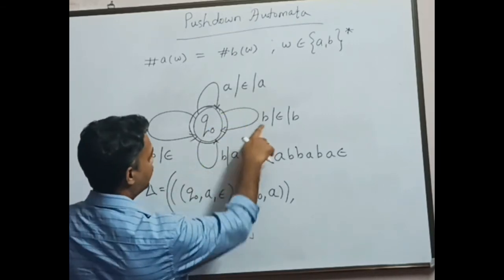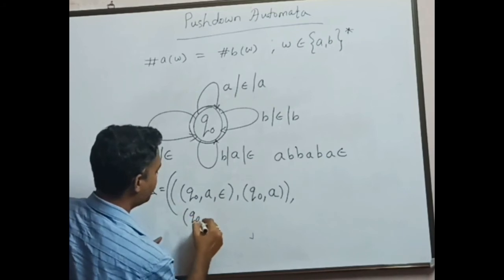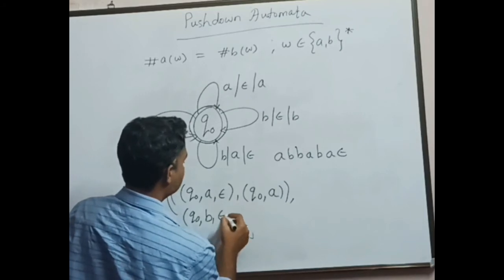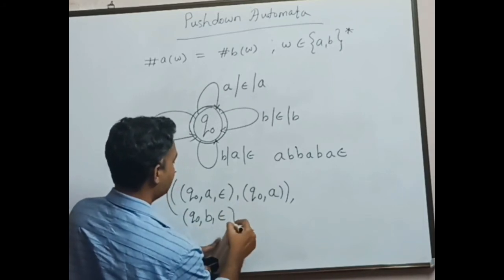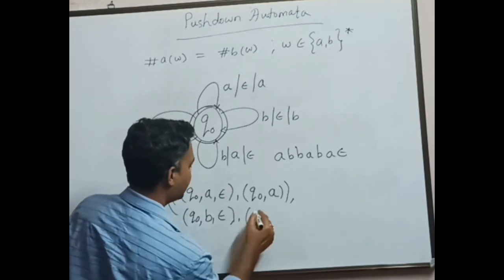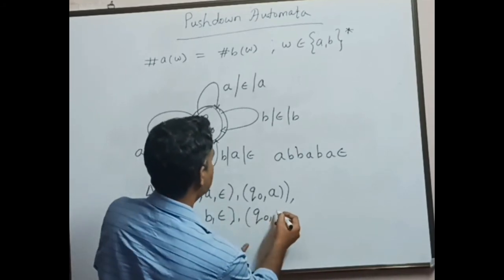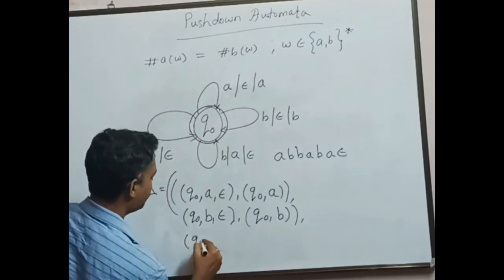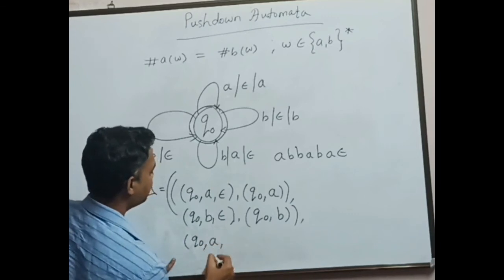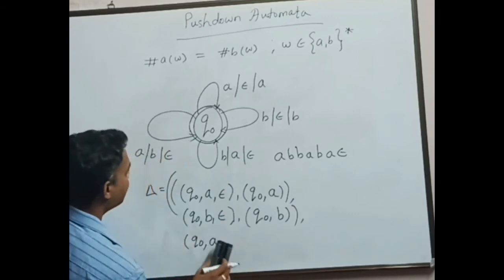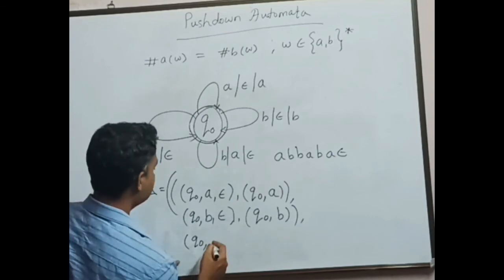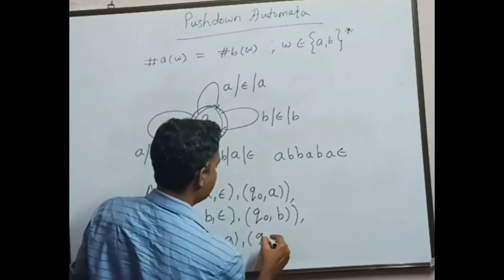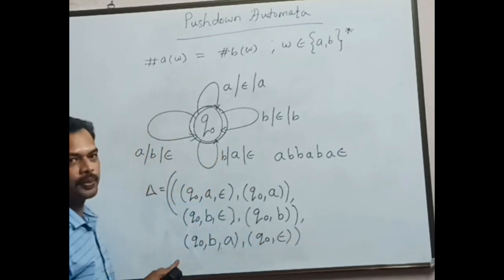Similarly, in the state Q0, if it reads character B, it doesn't pop anything, it stays in the same state, and B is pushed. Similarly, in the same state Q0, if B is read, A is popped and it remains in the same state without any push operation.